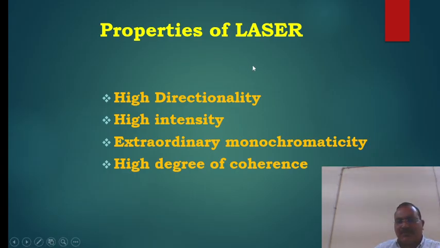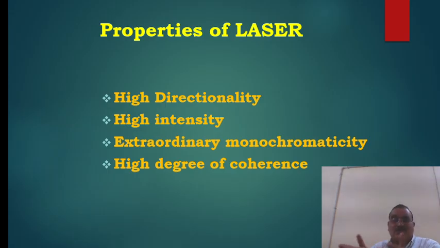Laser has generally four properties, and they are quite different from an ordinary source of light. First is high directionality, second is high intensity, third is extraordinary monochromaticity, and fourth is a high degree of coherence. The sodium light is coherent, but it is not highly coherent.